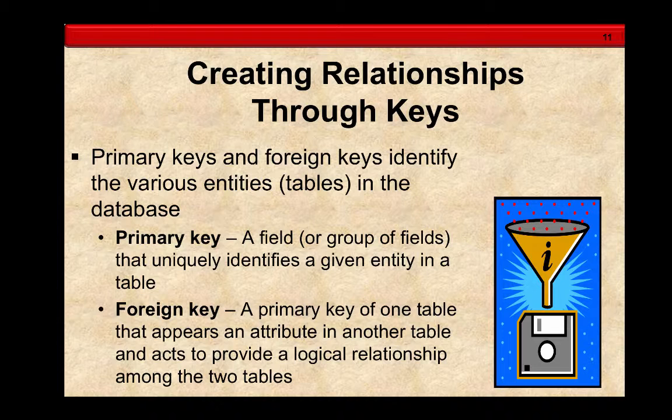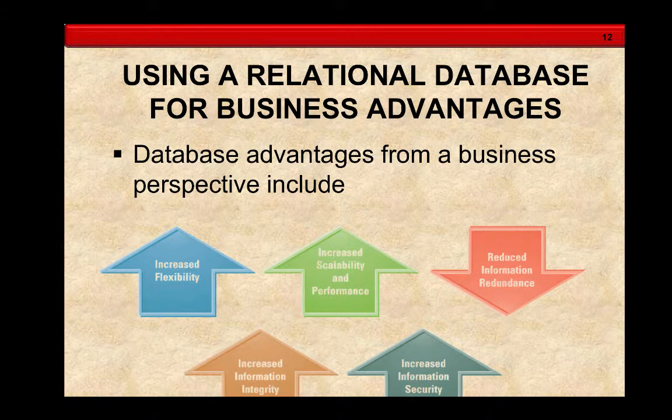This primary key and this foreign key allow for these two relationships to be connected, which works well within a database. So, using a relational database for business advantages, there are, as you can see in this diagram, unique benefits.